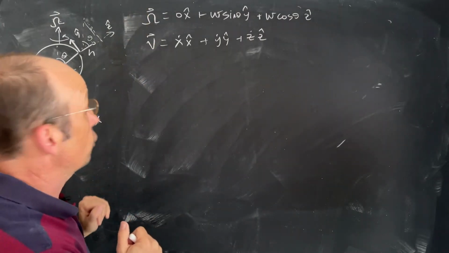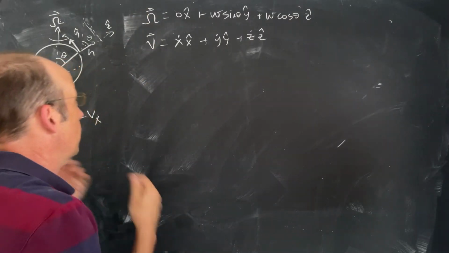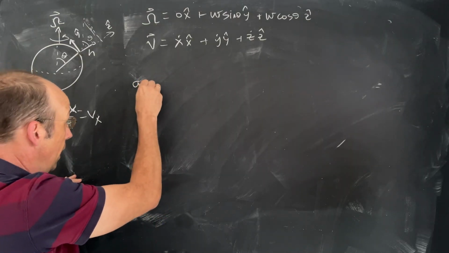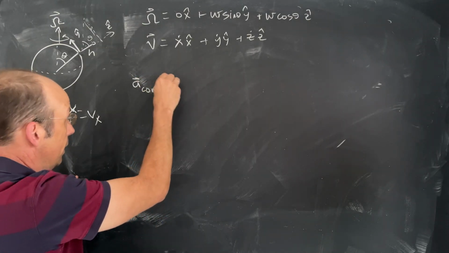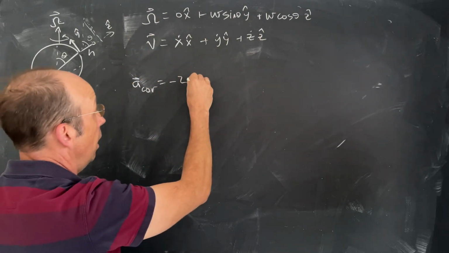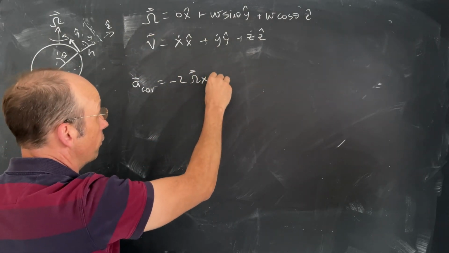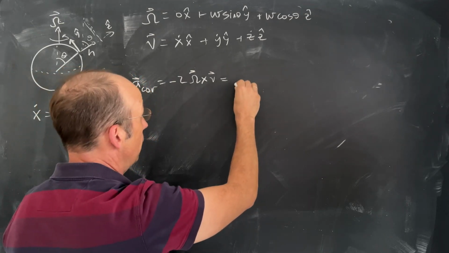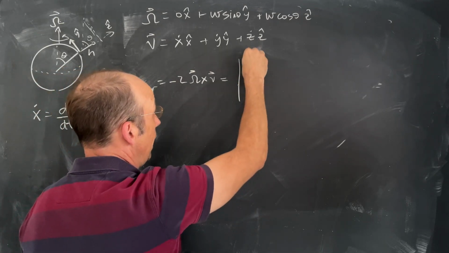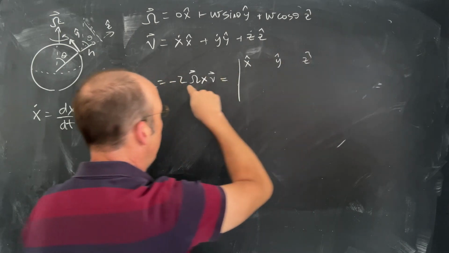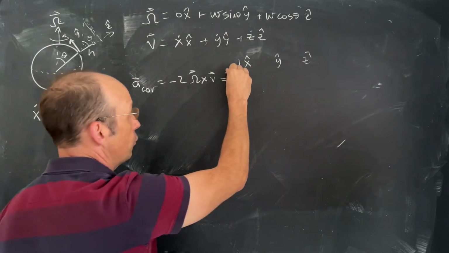I have my two vectors, so I can do the cross product. I'm going to write out the whole Coriolis acceleration. I'll call it a_cor, and it's equal to negative 2, the mass canceled, omega cross v. I can write that as a determinant with x hat, y hat, z hat, and I'll put the negative 2 over here.